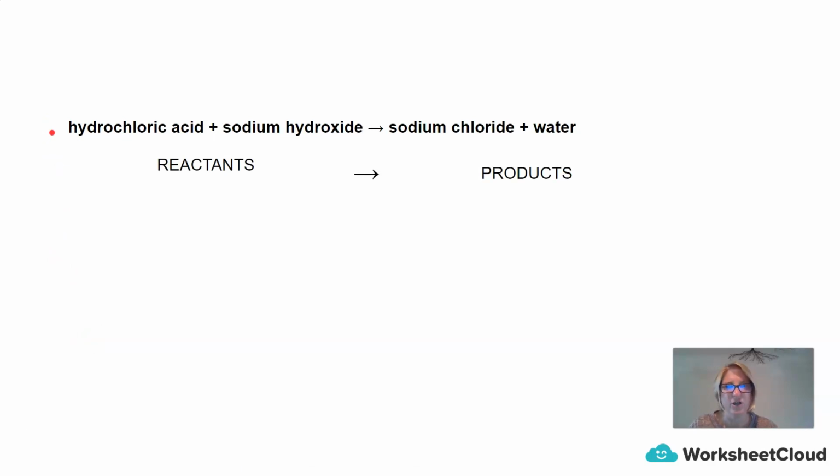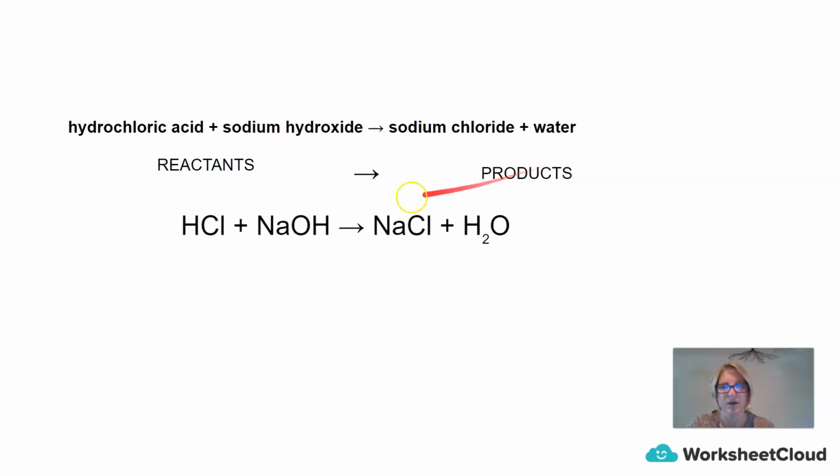So in the reaction that we've had a look at now, the hydrochloric acid and the sodium hydroxide are known as reactants, and the sodium chloride and the water are known as the products. This is the chemical equation reaction.